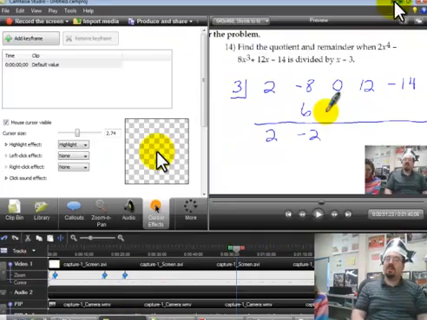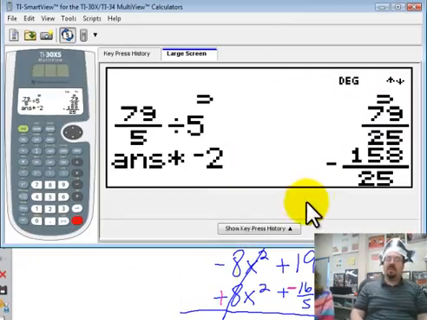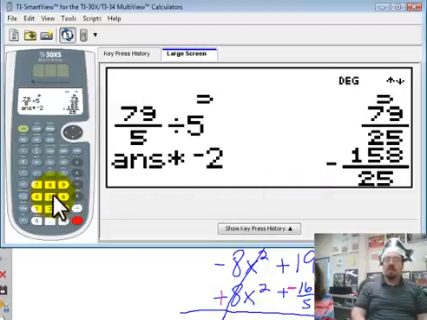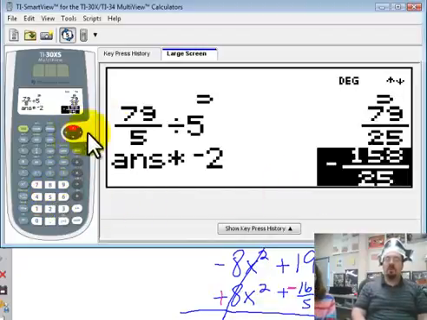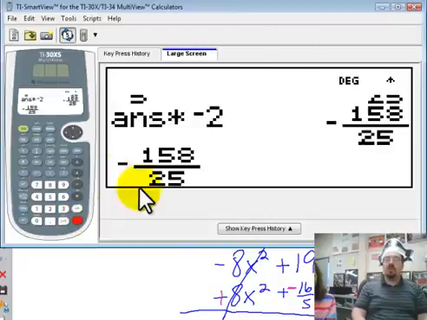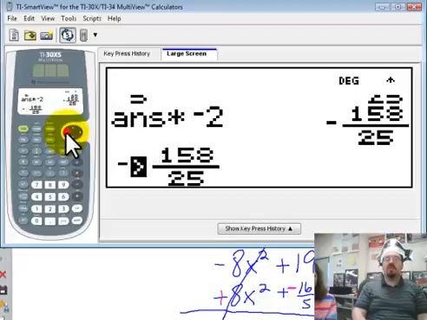Whoops, that's not the thing to do. So I'm going to go up here and hit enter, paste that down into the next line, and then I can just delete the negative that's out in front here.